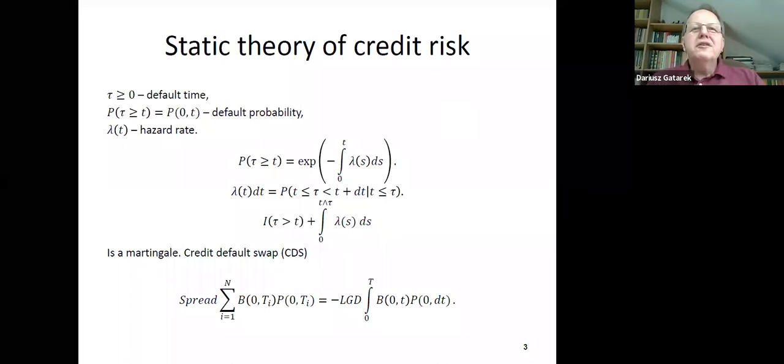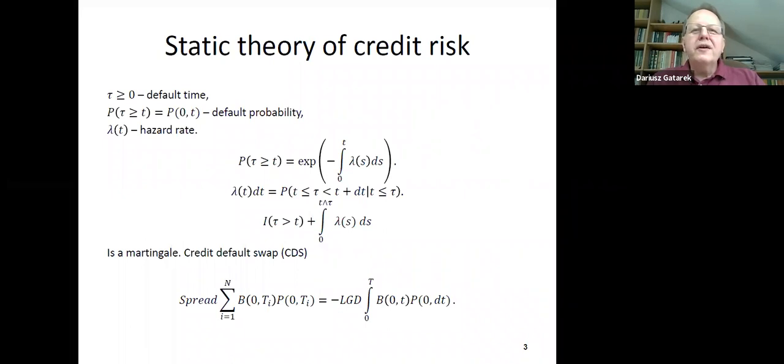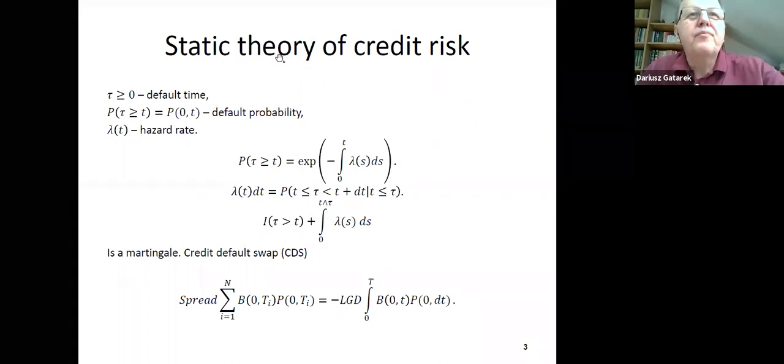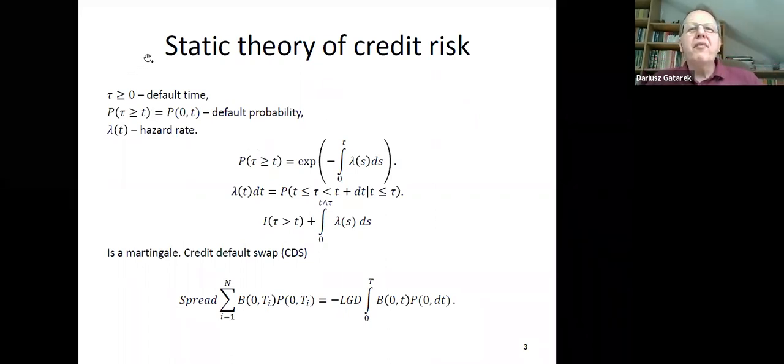Theory of credit risk is theory of random events. So in the first, the most naive setting, default time is just a positive random variable.